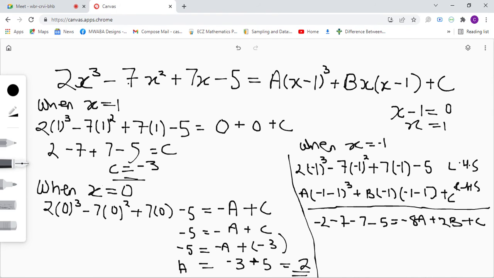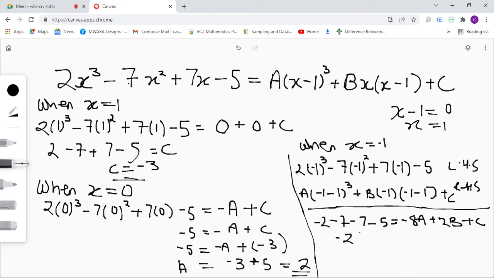We say negative 2, okay, negative 2 minus 7, that gives us negative 9, minus 7, that gives us negative 16, minus 5, that gives us negative 21.